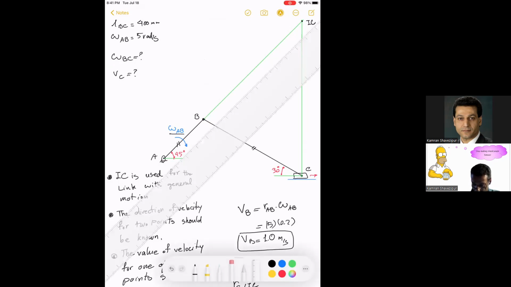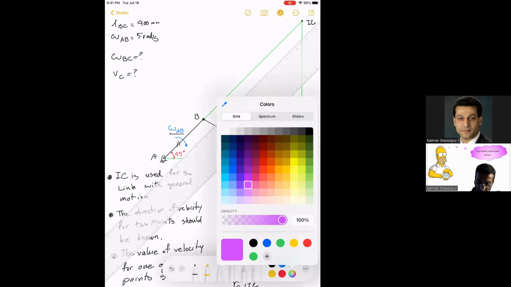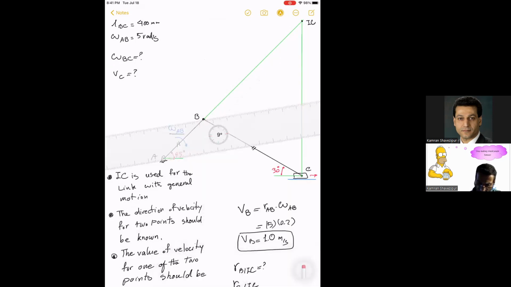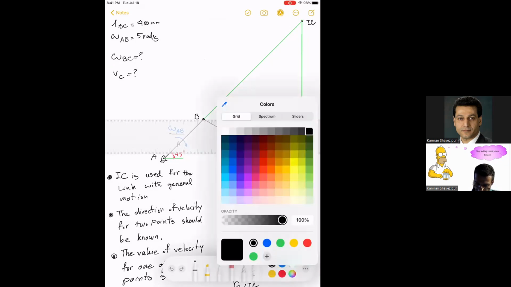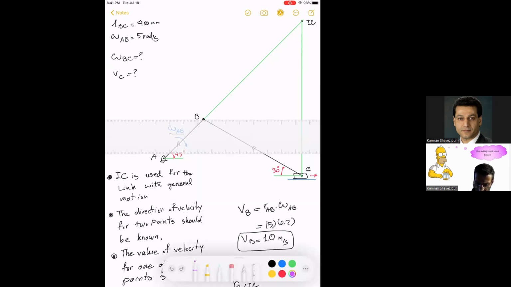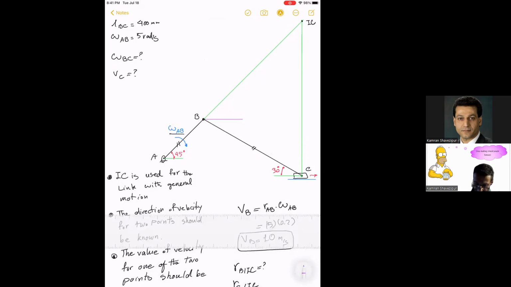The simplest way is to use one line here, horizontal. If I draw a line here, if this angle is 30, then this must be 30. And if this angle is 45, this angle should be 45. So the overall angle here is going to be 75.